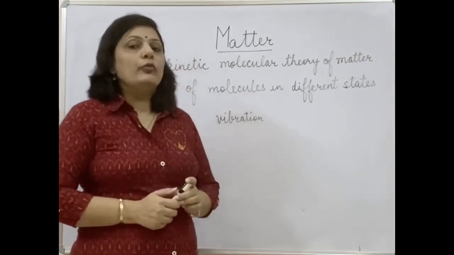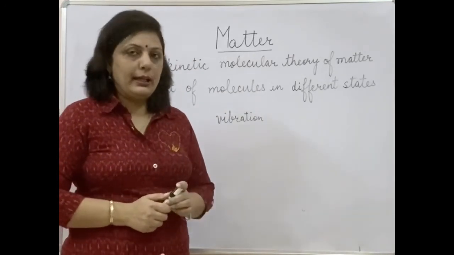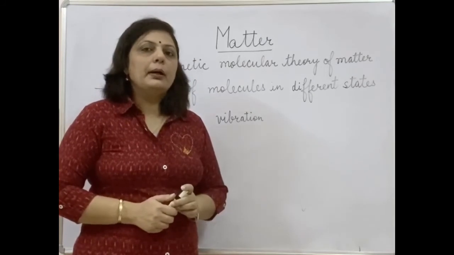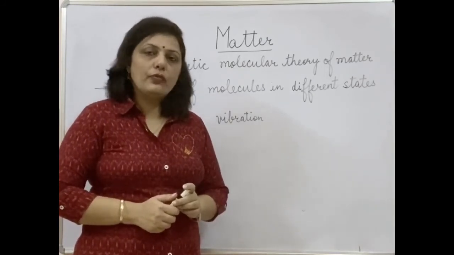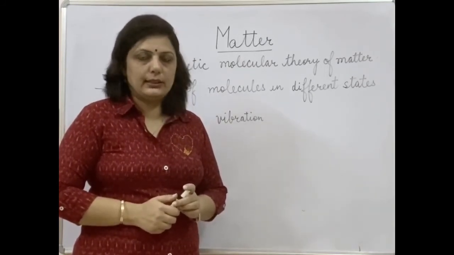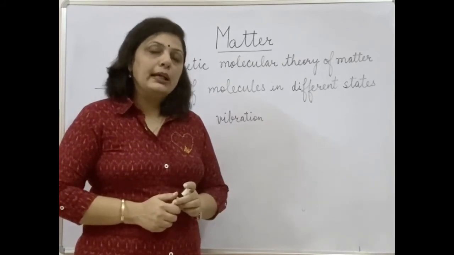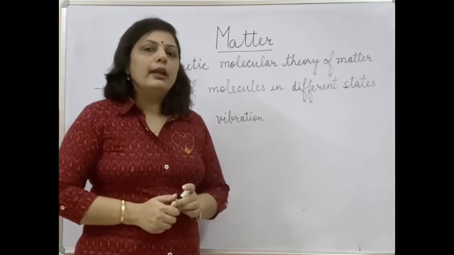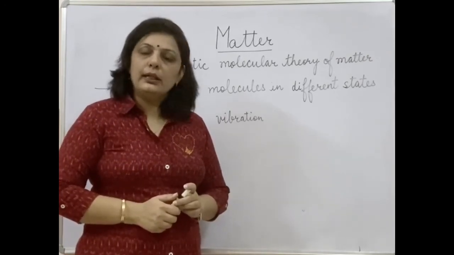Now if we provide more of the energy or we heat the matter, then what will happen? The kinetic energy of the molecules will be increased. And if we decrease the temperature, means if we cool that particular matter, then their kinetic energy will be decreased.